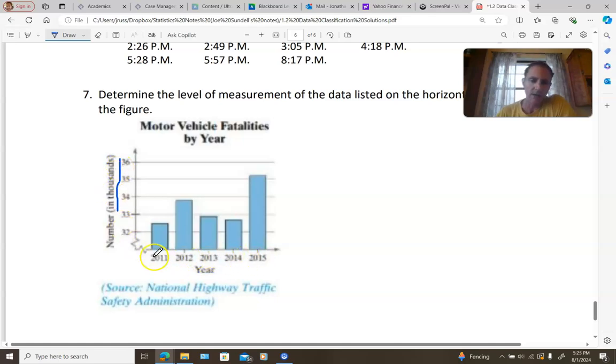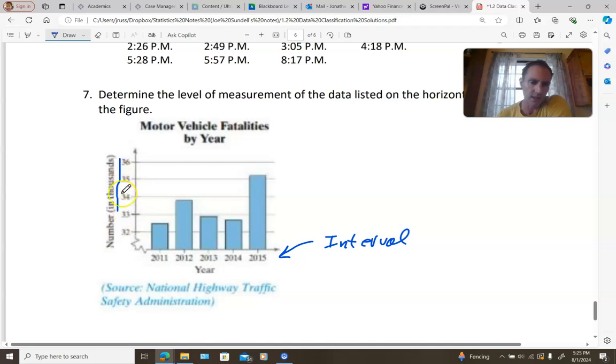So the data that we have on the horizontal axis is calendar years. So it is, if you remember, years or calendar years, that is at the interval level. Because we can subtract these, you could say 2015 is 2 years later than 2013. But we can't say that 1 year is twice another year.